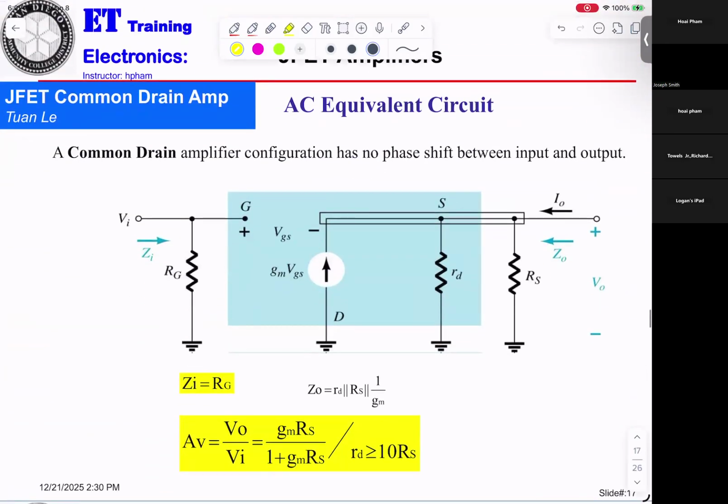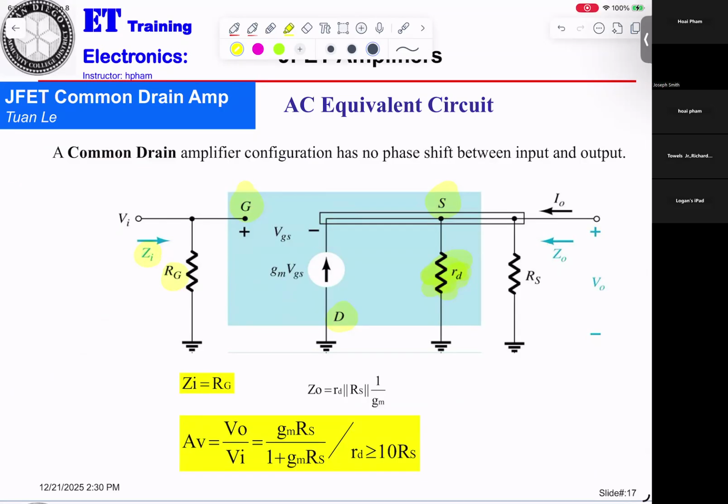And now they draw the AC equivalent. That means you get the gate here, you get the drain in here, and this is the source in here. We don't care about that thing here. And they're already telling you here, if you want the input impedance, it will be equal to RG.